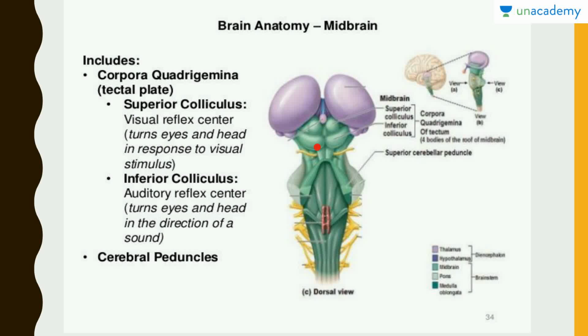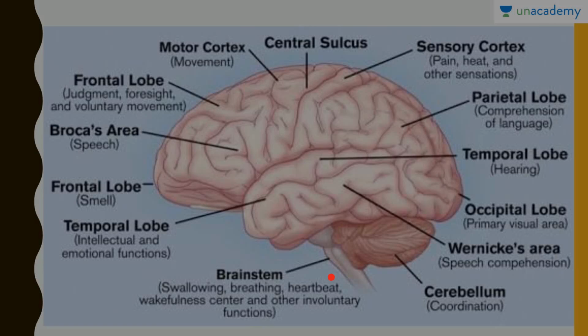So together they form the corpora quadrigemina of the tectum, and these are the bodies of the roof of the midbrain. And then we have the superior cerebellar peduncle, and then finally the pons and the medulla oblongata, they arise.